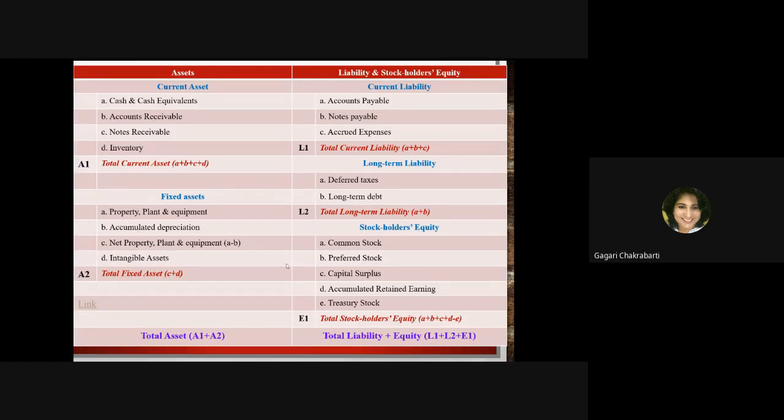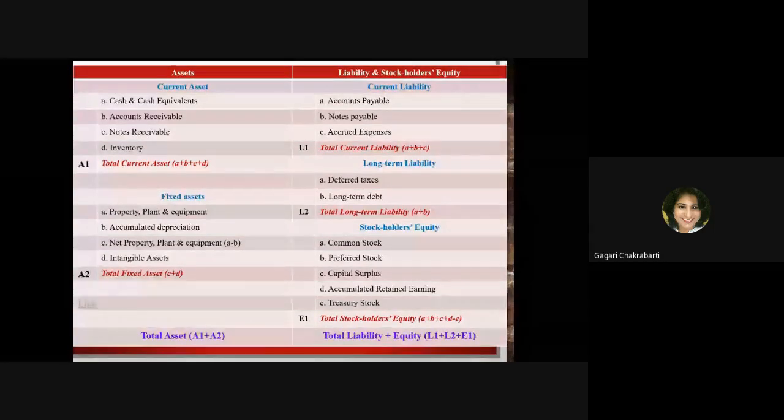Therefore, when you are calculating the total stockholders' equity, we should sum up the first four: common stock, preferred stock held by the general public, capital surplus or reserve related to equity, accumulated retained earnings related to common stockholders' equity, minus the treasury stock, because it is not the stock owned by the common stockholders.